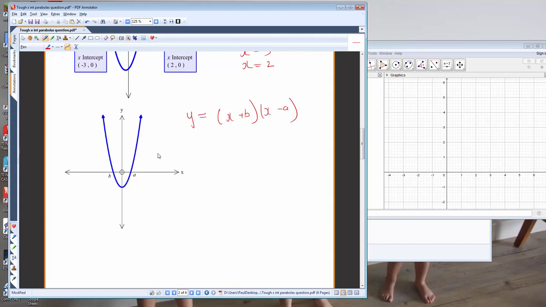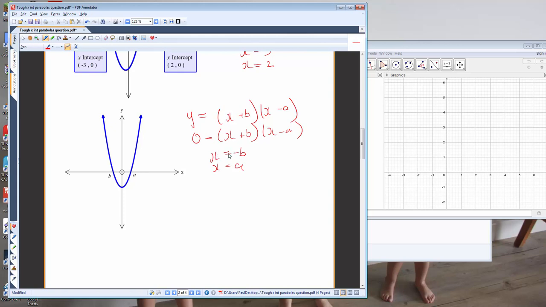So they think this would be a possible one for that. Now why do they think that? They think that this is the case because if I solve via the null factor law, 0 = (x + b)(x - a), x is negative b and x is a.